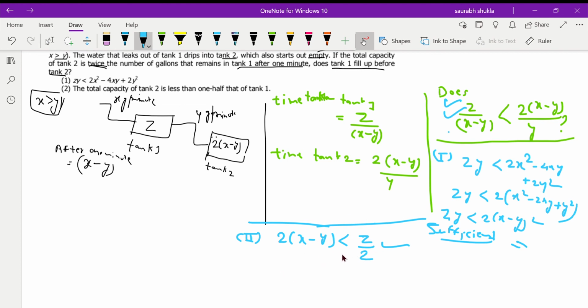We can't say whether this is a yes or a no. So this statement is insufficient. The answer to this question is: the first statement alone is sufficient, but the second statement alone is not sufficient. So the answer option you are going to choose for this question is A.